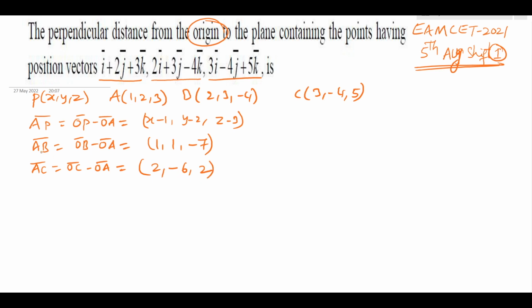Now these AP bar, AB bar, AC bar lie on a plane. Therefore, the box product of AP bar, AB bar, AC bar is equal to 0. Now the determinant of this is x minus 1, y minus 2, z minus 3, 1, 1, minus 7, 2, minus 6, 2 is equal to 0.